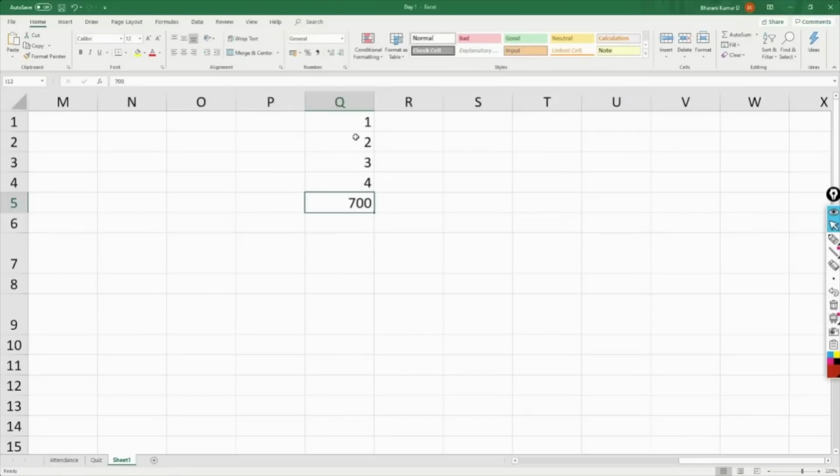But what if there are, say, 30 million records? What if this is a huge data set with 30 million observations or records? How would you identify outliers in such a large data set?